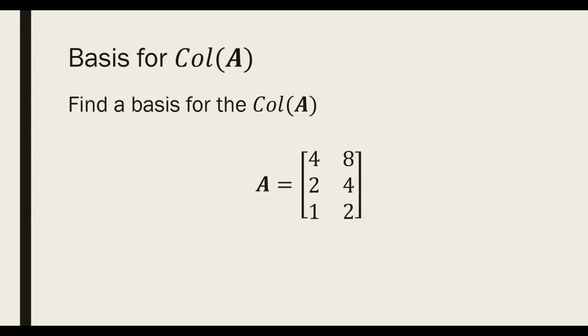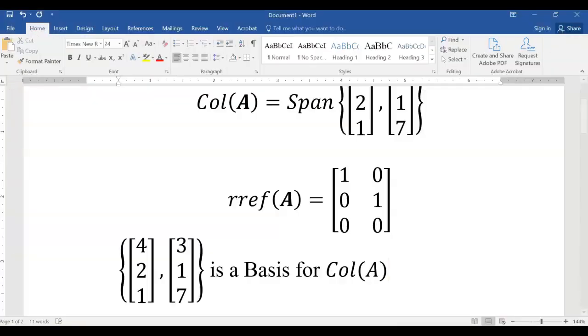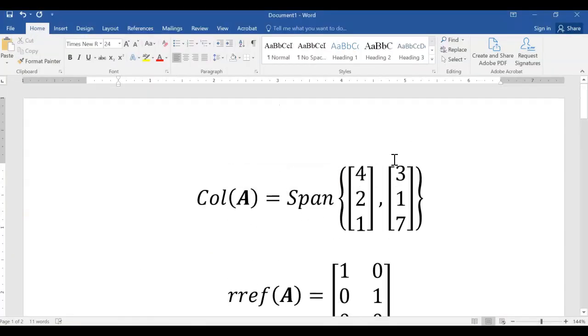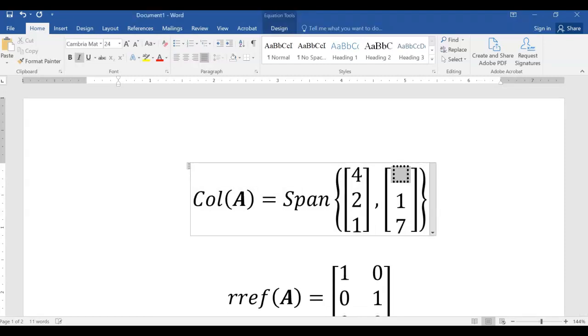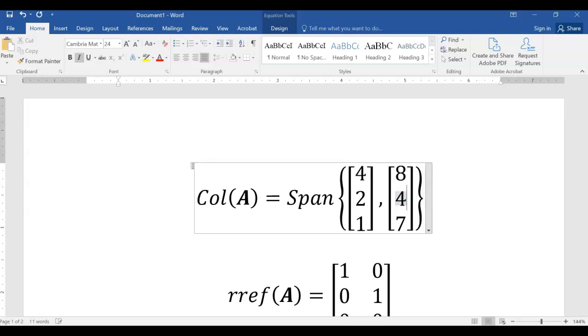Now, we take these two vectors. In fact, the first one is the same, 4, 2, 1. The second one now is changed to 8, 4, 2. Okay? We know that these two vectors give us the right span.